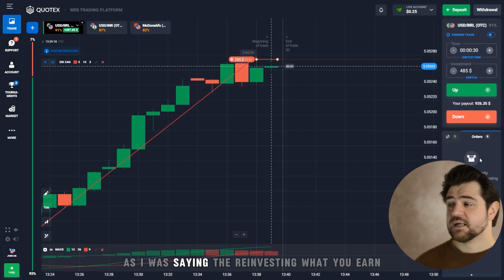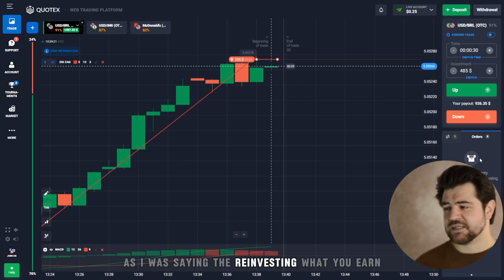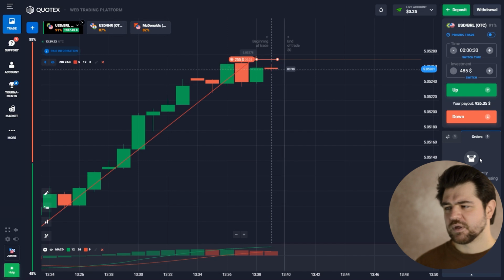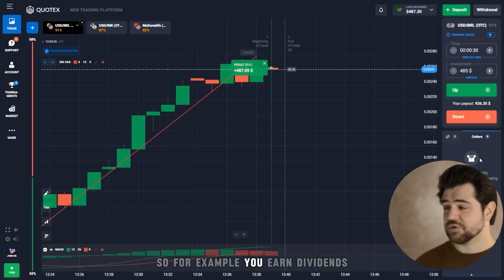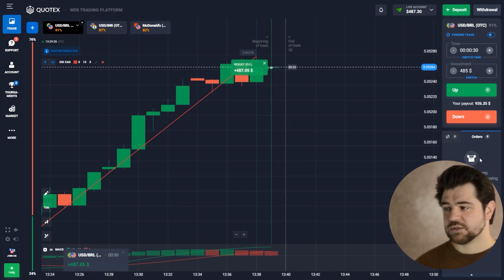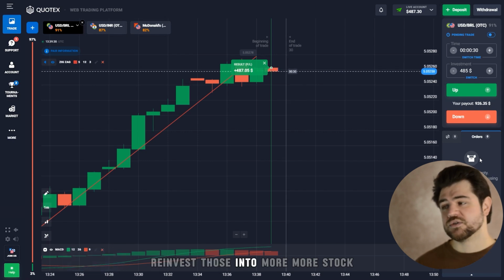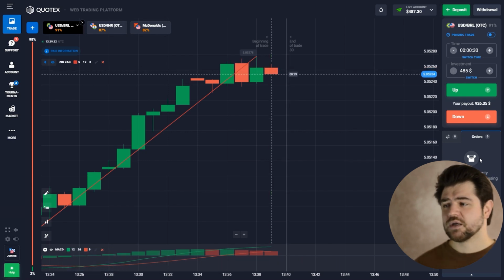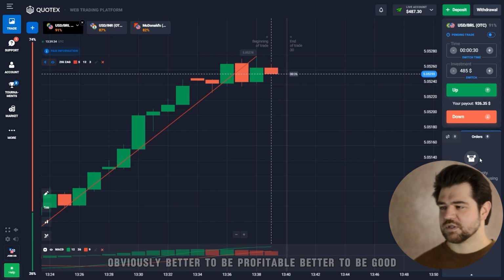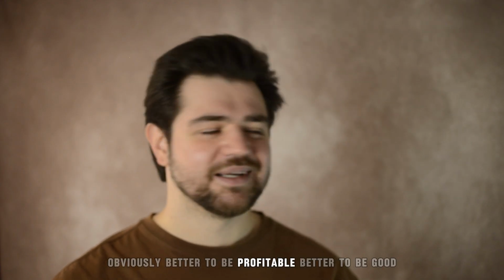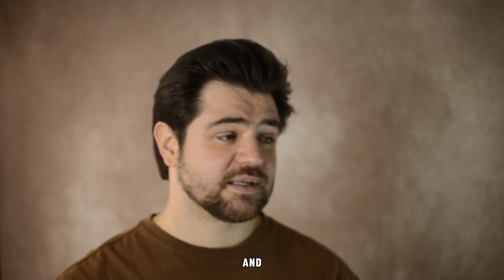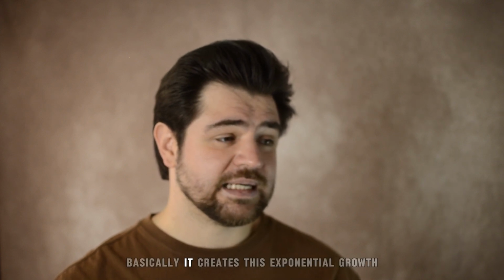As I was saying, the reinvesting of what you earn. So for example, you earn dividends, you reinvest those into more stock. Obviously, better to be profitable, better to be good stock growing funds, and basically it creates this exponential growth.